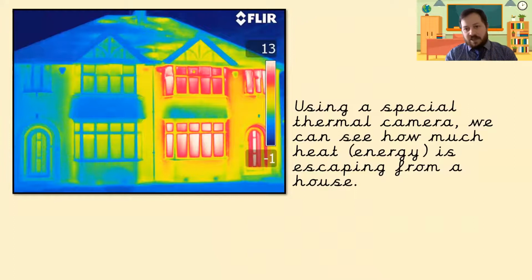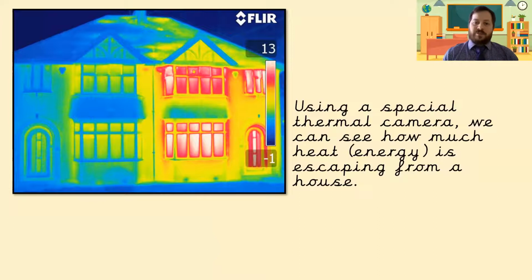So this image is taken using a thermal camera. And the brighter the colours, so the closer to red and white that they are, the more heat is being lost, or more heat is coming out from that point. Whereas the closer they are to dark blue, the less heat is escaping.